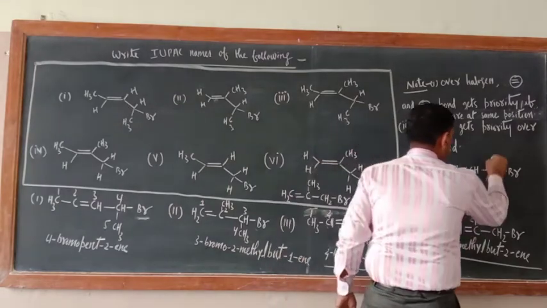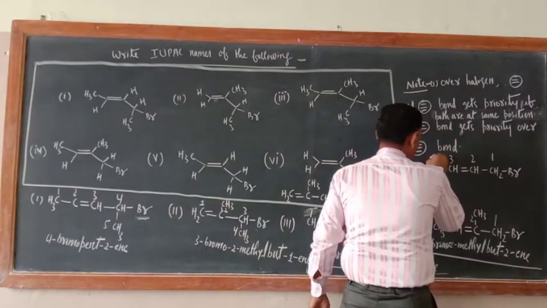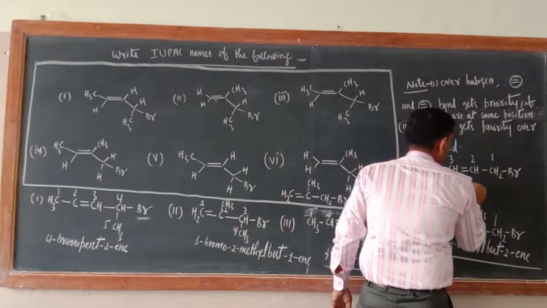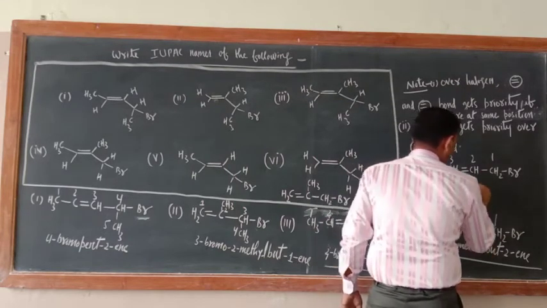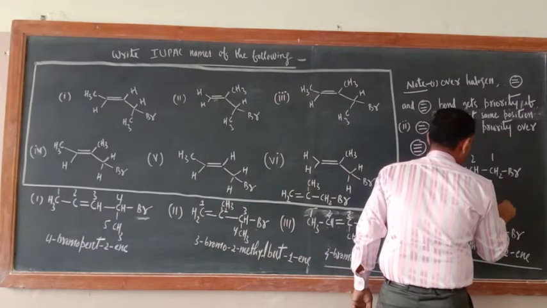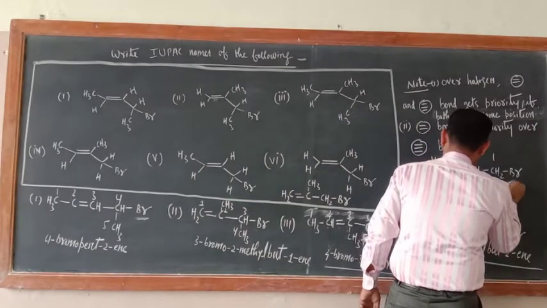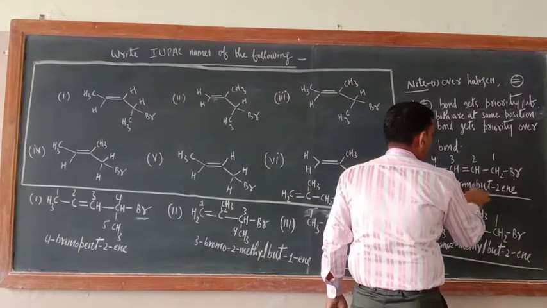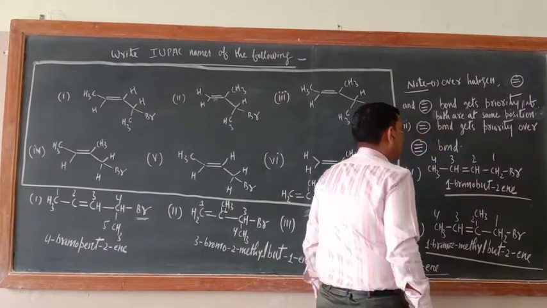What about here? This is 1, 2, 3, 4. Here what is there? 1 bromo, then bute 2 ene. 1 bromo bute 2 ene.